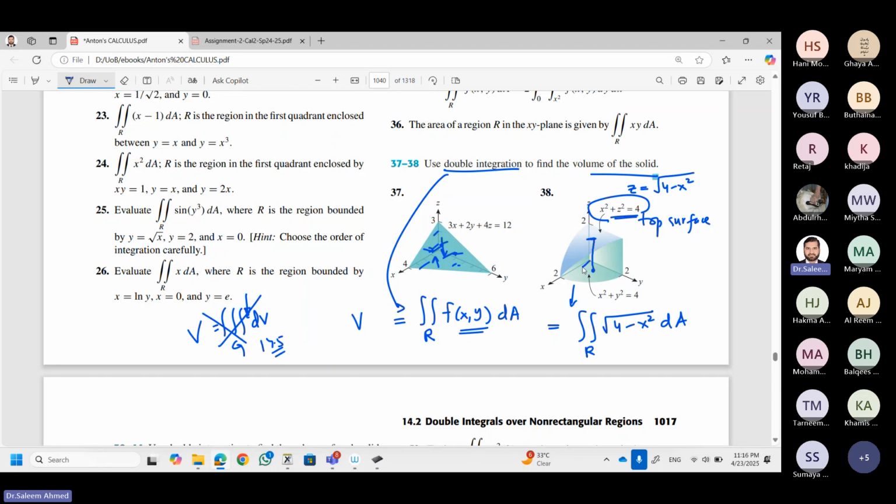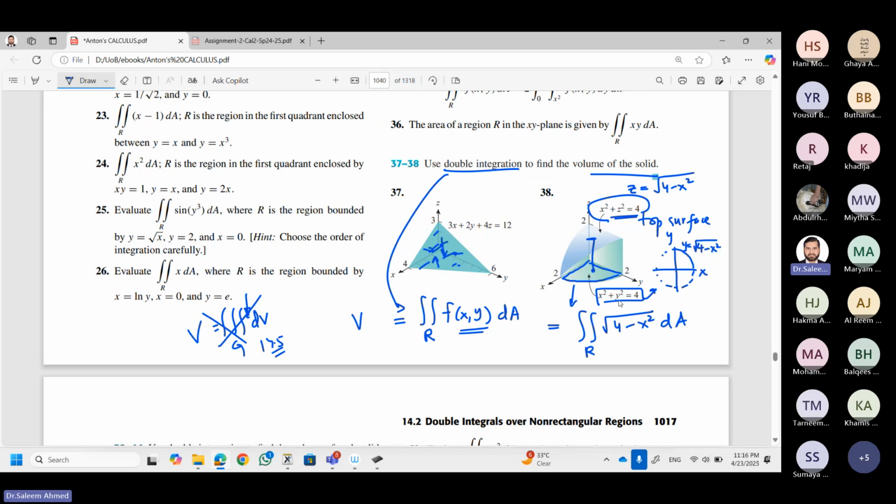Now, what is your region? The region is in the first quadrant, coming from the circle. So it is a quarter of a circle. You can always make this circle separately in the XY plane. It is a circle, but we are taking only the first quarter. So y is equal to the square root of 4 minus x squared.